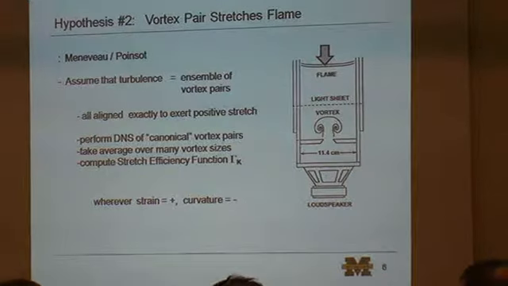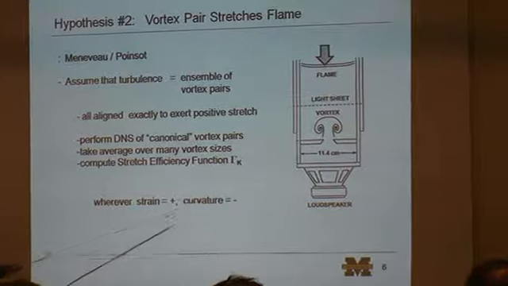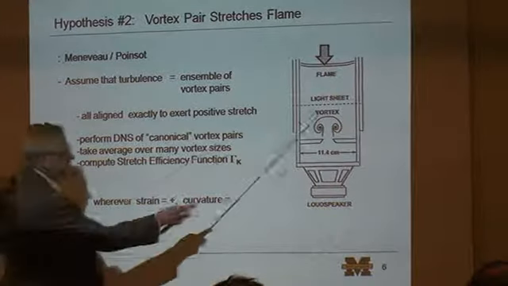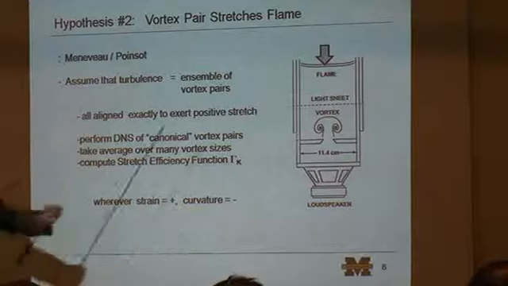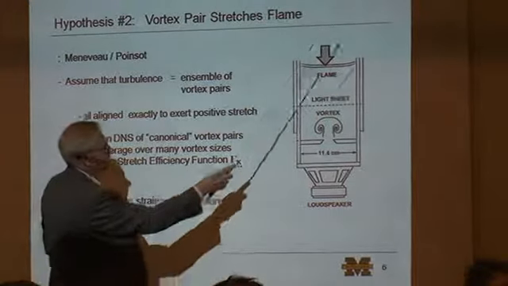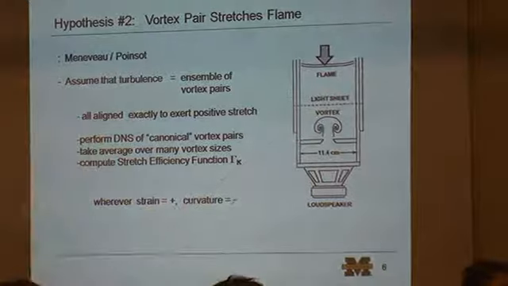They are basically assuming that turbulence is a lot of vortex pairs. Wherever the strain is positive, the curvature is negative. So we can identify a vortex pair because the strain is positive, meaning we're pulling the flame this way, but the curvature will be like this, and that's negative curvature.